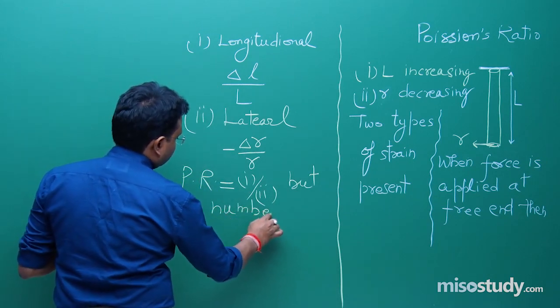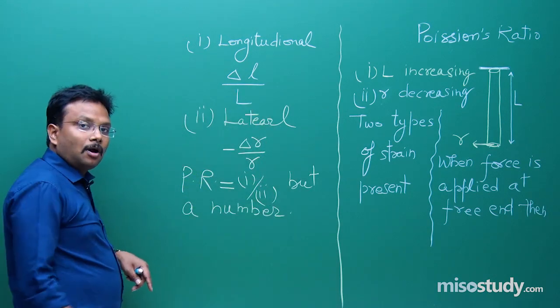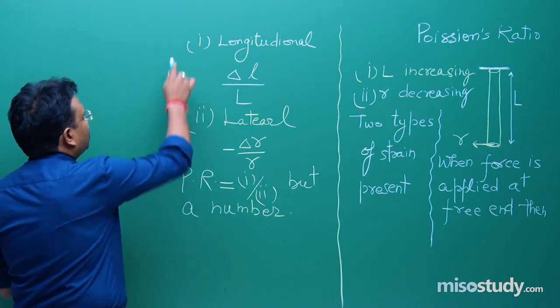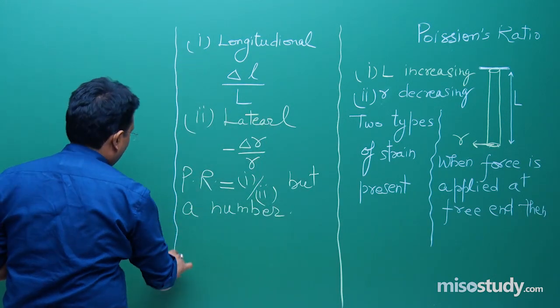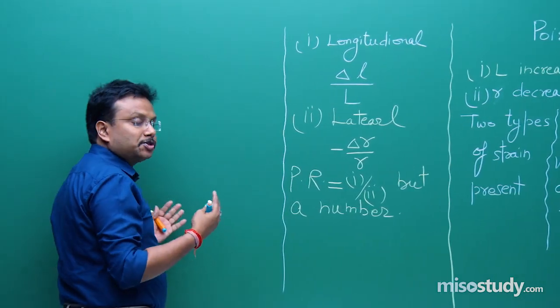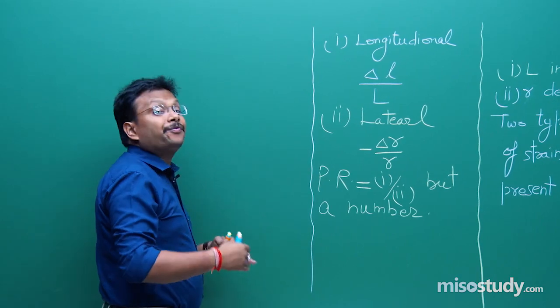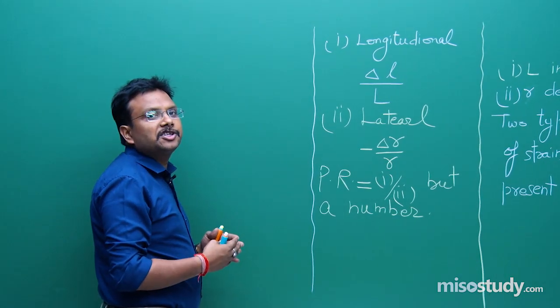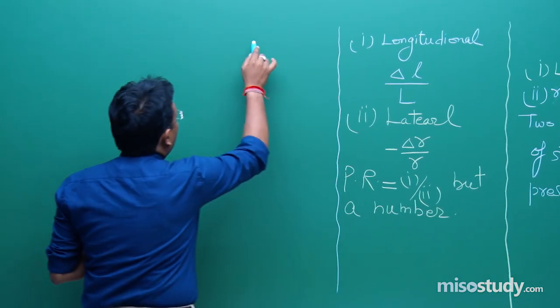And what is the value? There are two types of values associated, one is the theoretical value, another is the practical value.